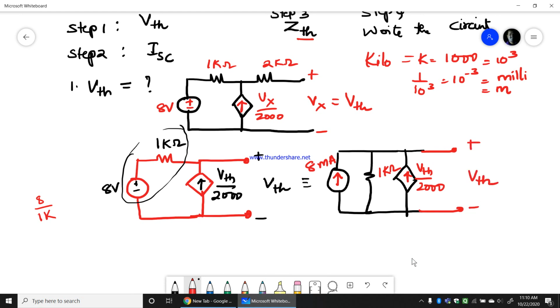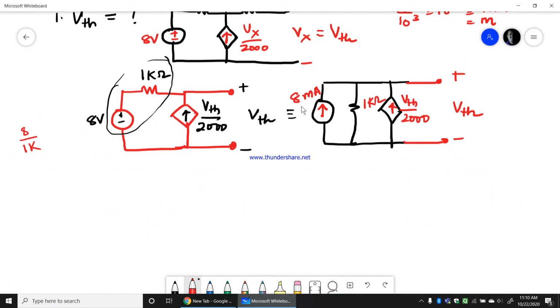Now you see both are current sources. I can easily say VTH by 2000 plus 8 milliamps is the total current source that I get.